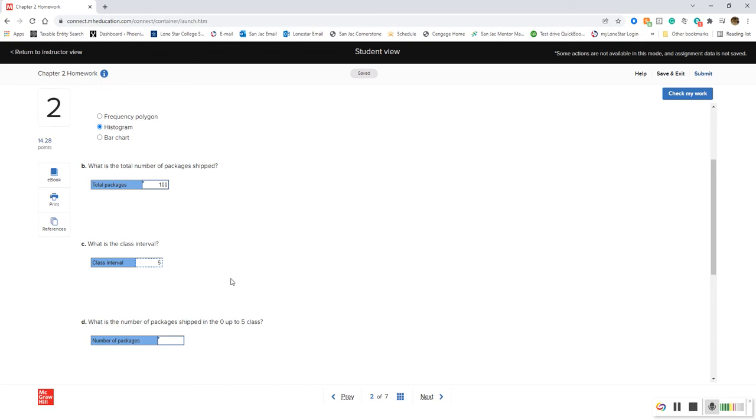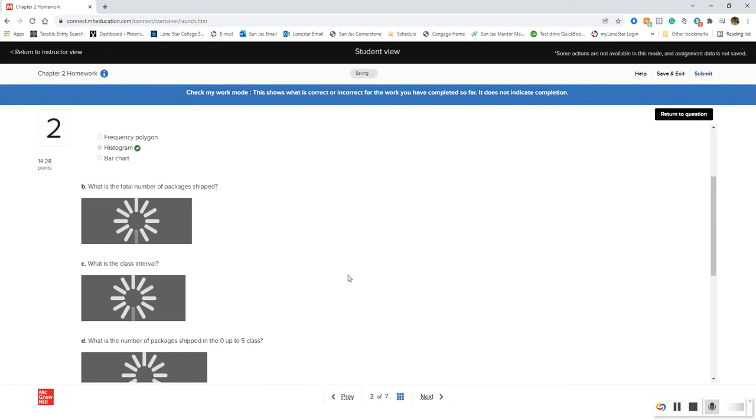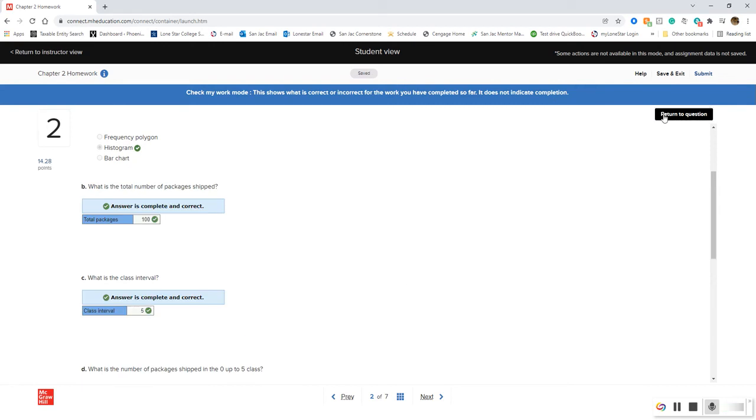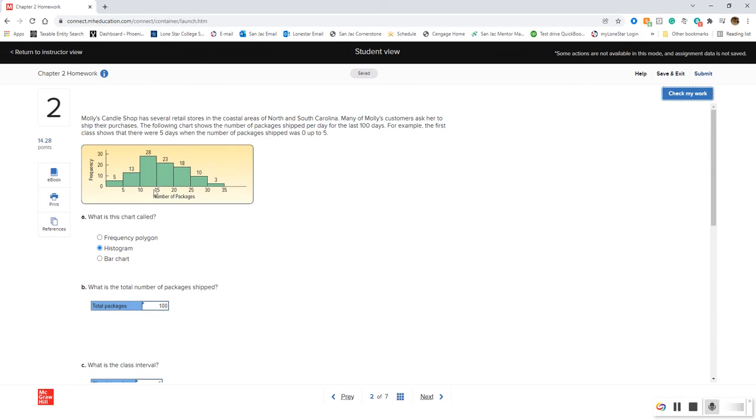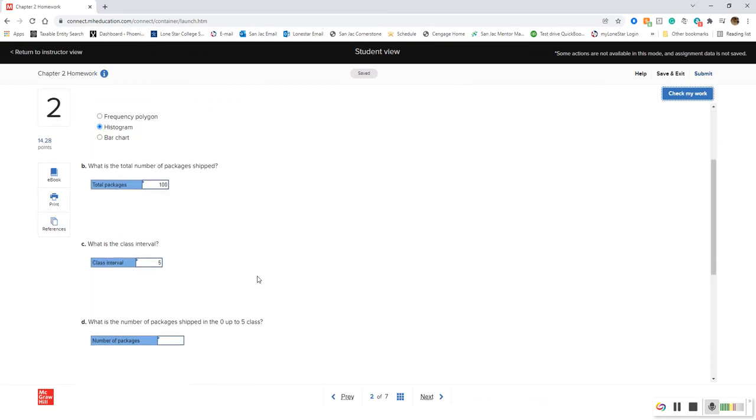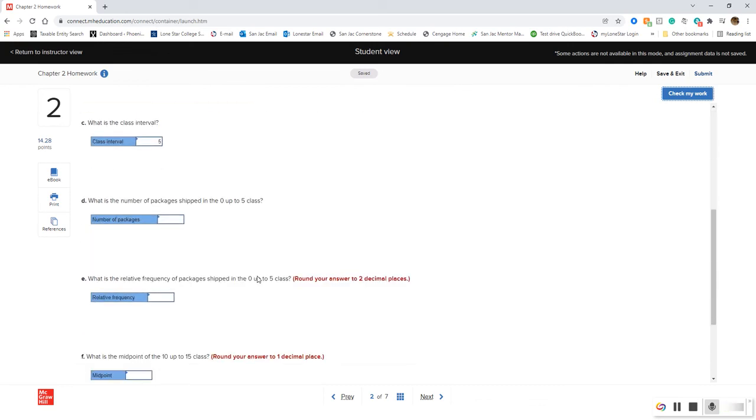I'm about to make it more complicated than it should be. So again, check. Boom, 5. Almost went a little more complicated than it should have been. Basically all this problem is reading the chart.